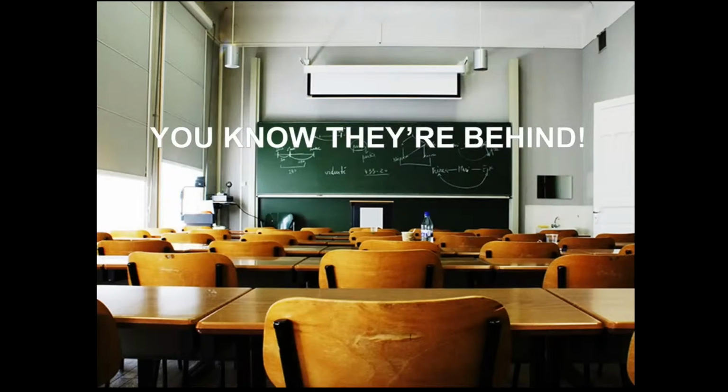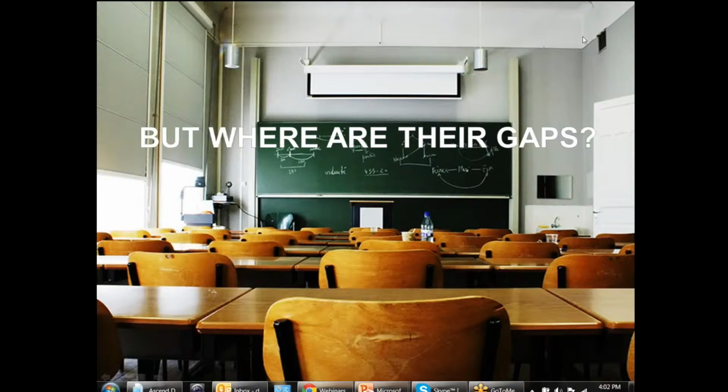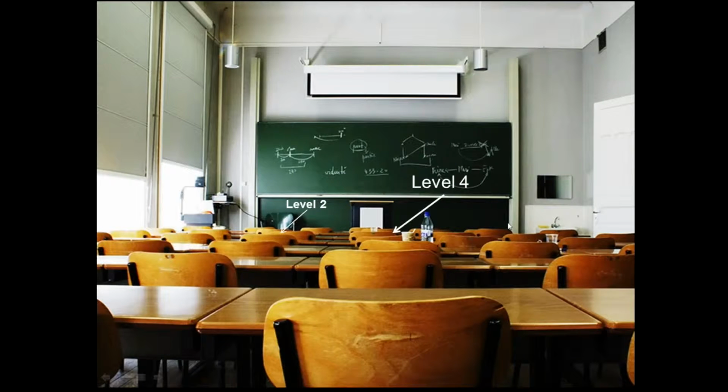Well, as we look over a classroom, you know that you have kids who are behind, and you probably know they're pretty far behind in many cases. But the most important thing is, do you know where their gaps exist and how to address them? It's not unusual in a classroom to see kids who are 2, 3, 4, maybe even 5 grade levels behind.